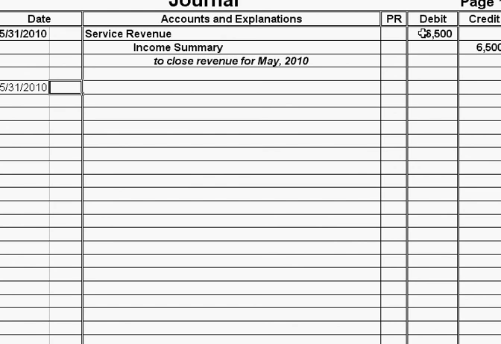Our second entry is to then close the expenses to the income summary account. Now, the normal balance in an expense account is a debit, so we need to credit all of the expenses. Therefore, we would debit our income summary account.